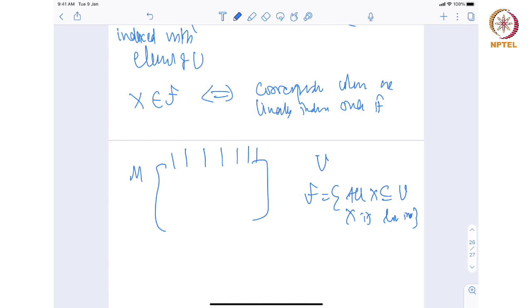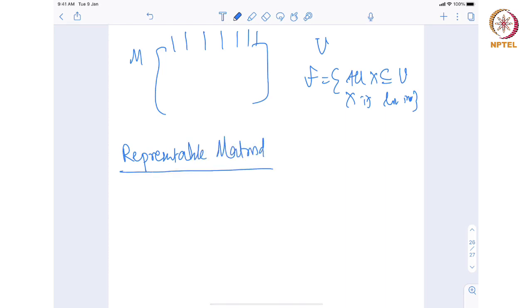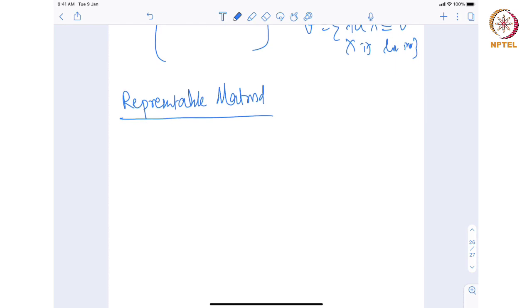So why did I talk about all this? There is a theorem about representable matroids. You can also define a notion of q-representative.